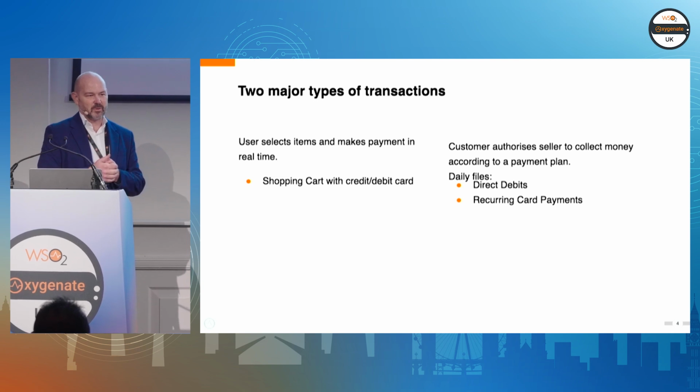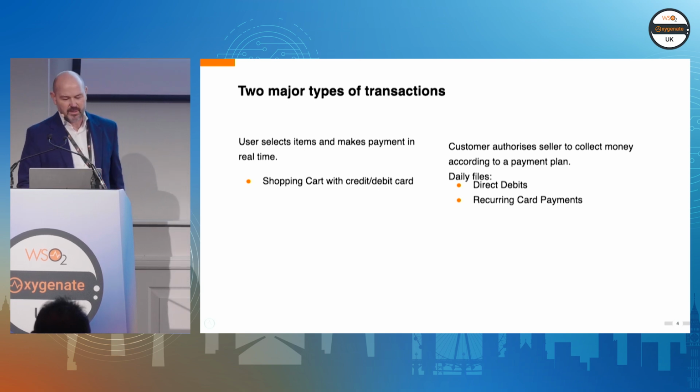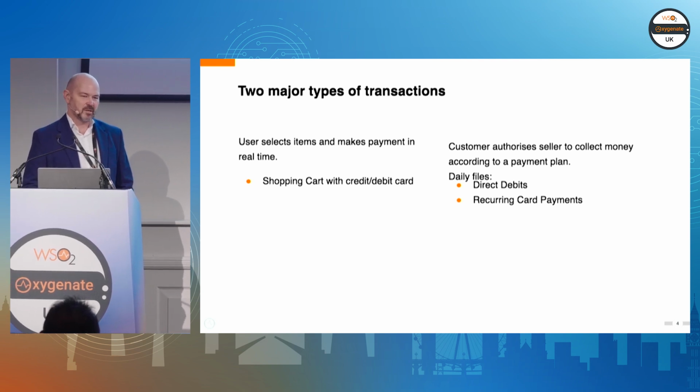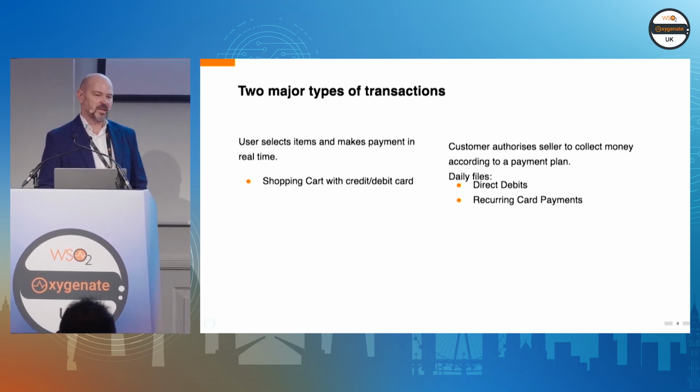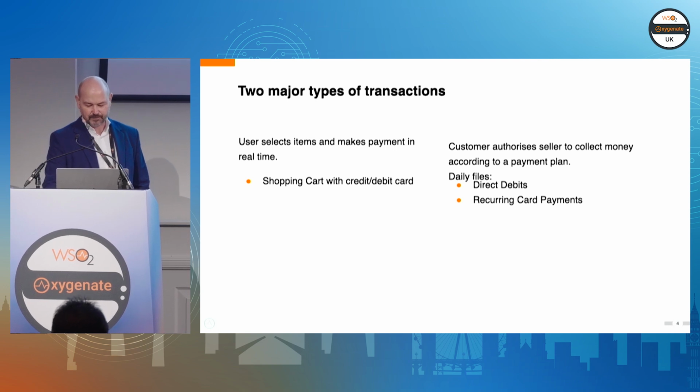This is all happening in real time. The second way of collecting payments is through mandates, through direct debits, recurring card payments, and that's where someone authorizes the university to collect money on their behalf. So two very different styles of payment collection.